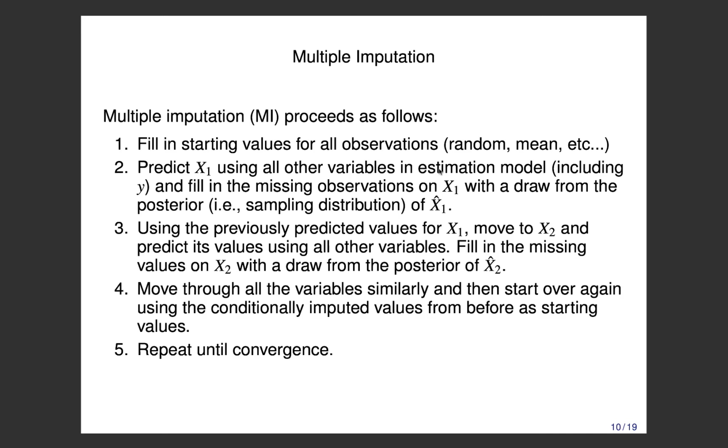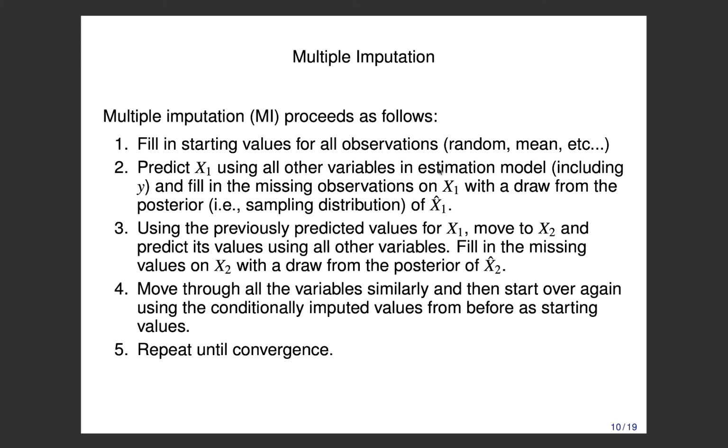Before we move on, it's worth noting two things. One is we do this several times. After we complete this procedure, we end up with one imputed data set. But the whole point of multiple imputation is that we go through and make a bunch of imputed data sets.